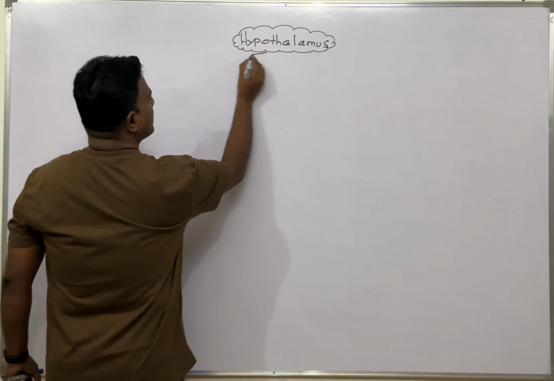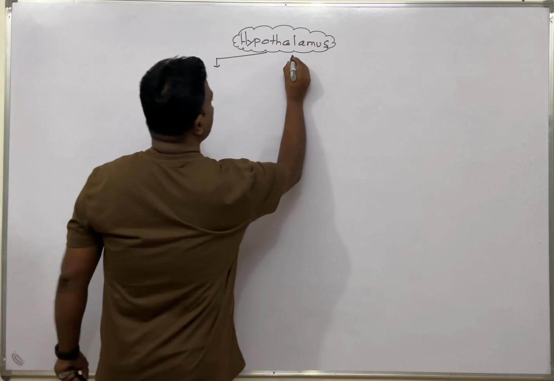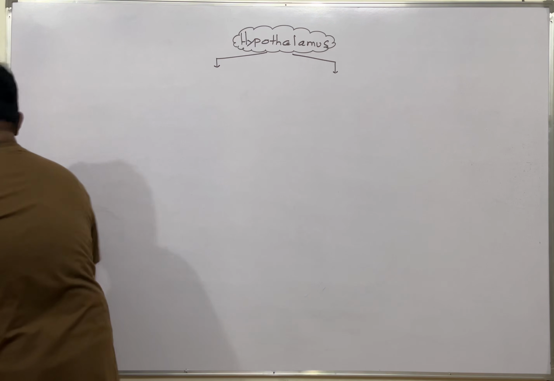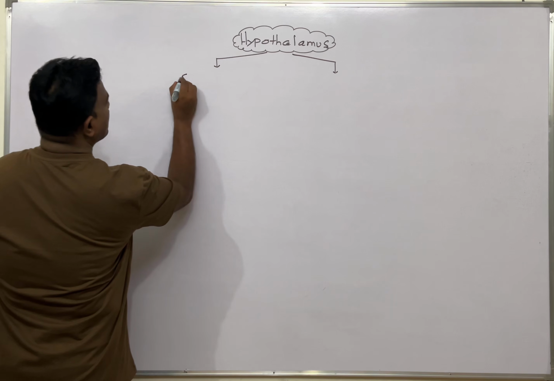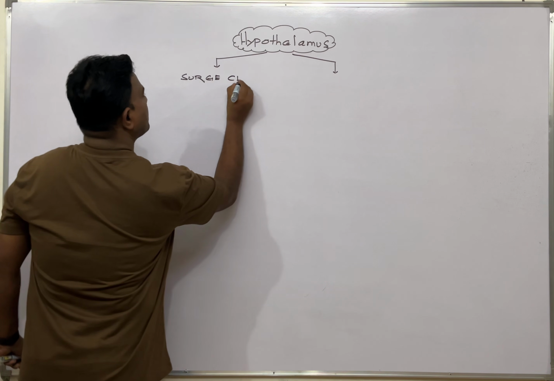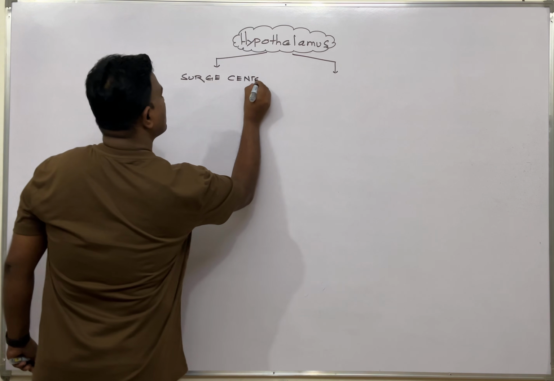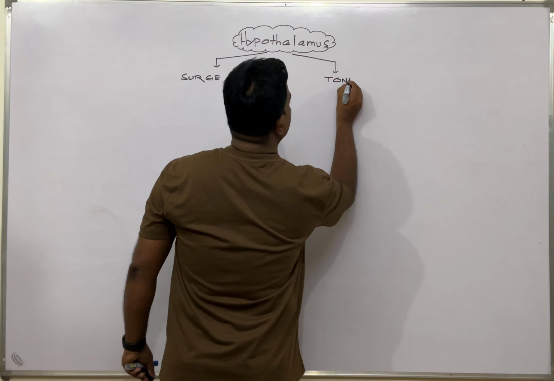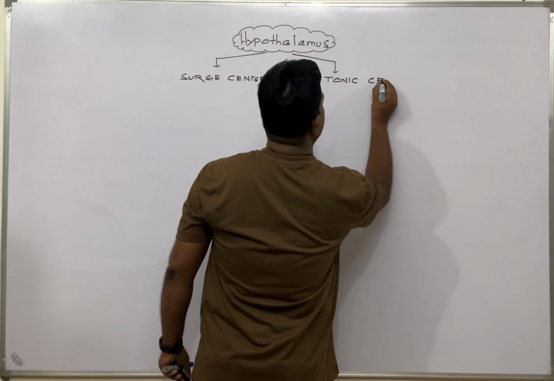This hypothalamus shows two distinct centers with respect to our concept. One is known as the Surge center, and one is known as the Tonic Center.